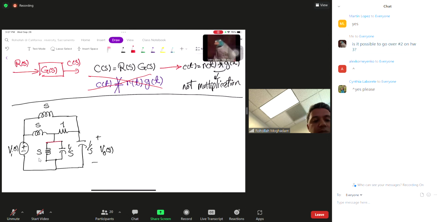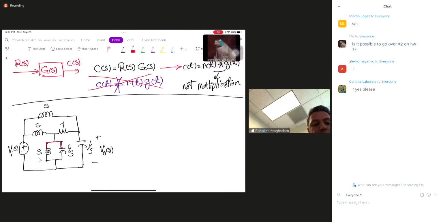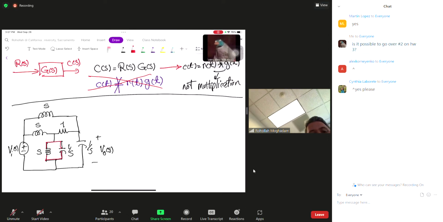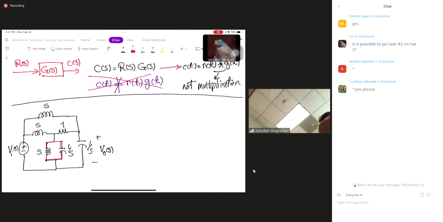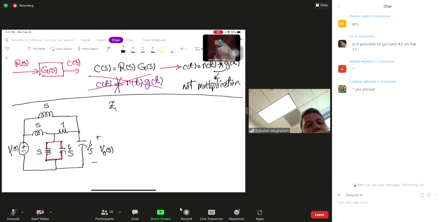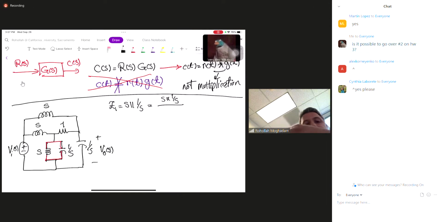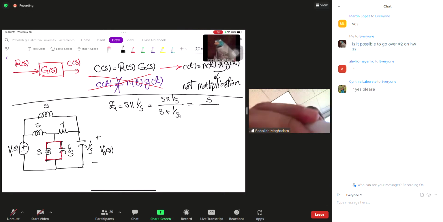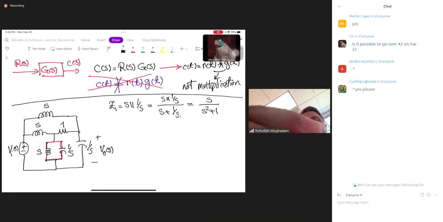In this circuit, these 2 elements are parallel, right? Then I can write Z1 is s parallel 1 over s. This becomes s times 1 over s over s plus 1 over s, so this becomes s over s squared plus 1.